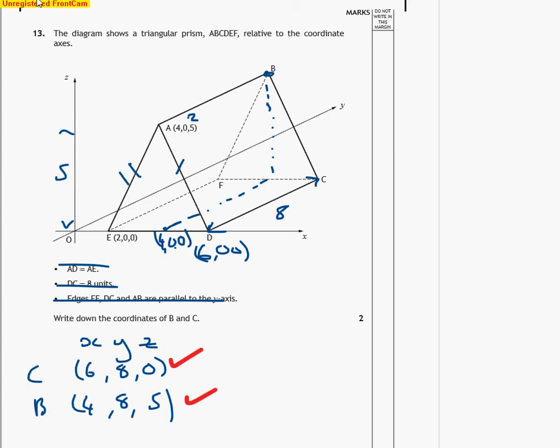So just mark on the diagram what you know. They've given us this point to tell us what the height is. The only tricky thing, I suppose, is working out what D is. So 2, 4, and then 6 because it's the same length. This face of the prism, that length there, if we cut it in half, then this length here is going to be the same as that.